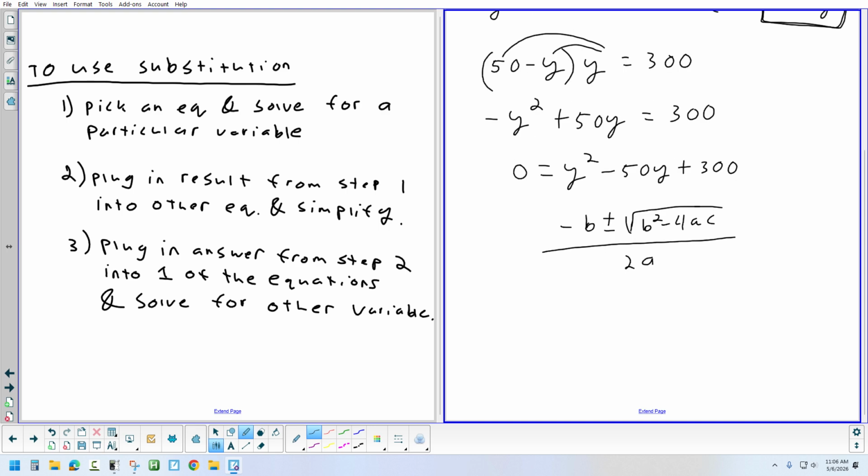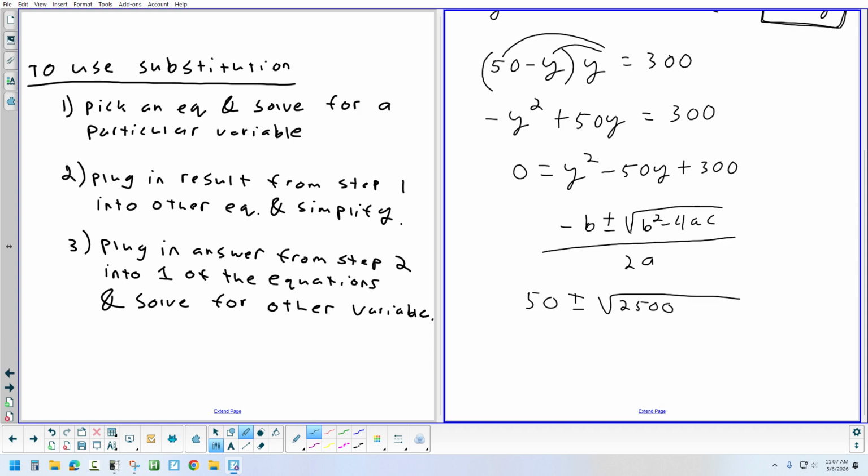So Sarah, when I fill in all my numbers for a, b, and c, can you tell me what my formula will look like? 50 plus or minus the square root of 50 squared, yep, I'm going to do that out.